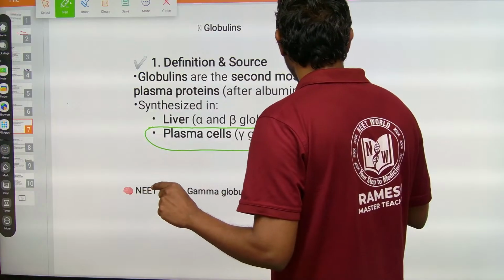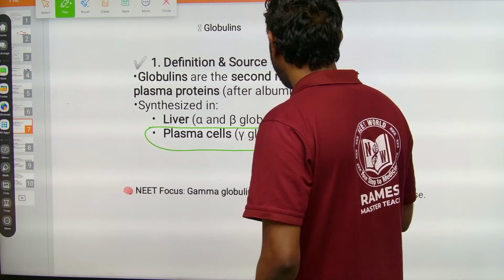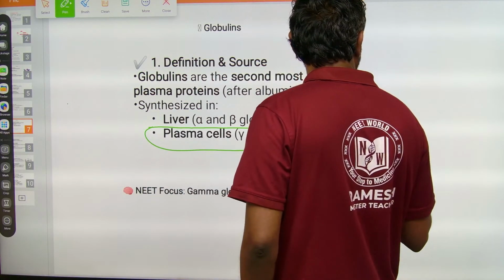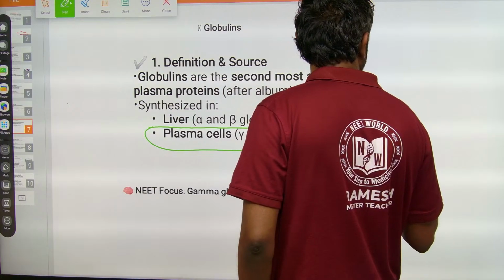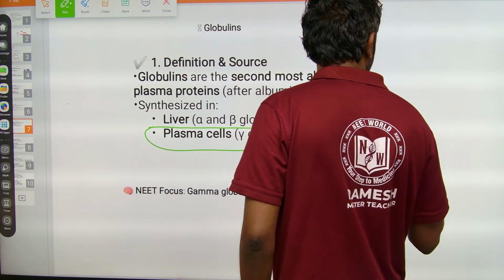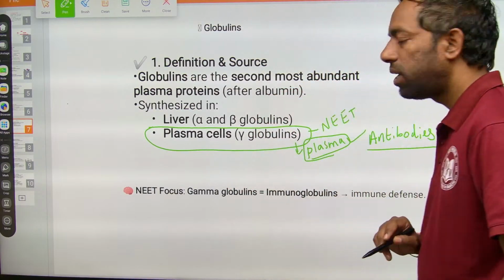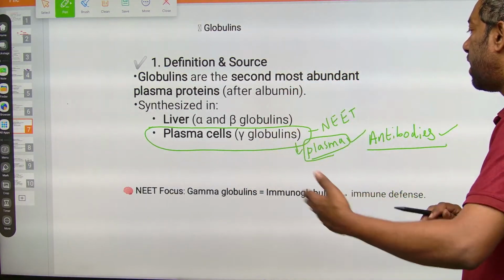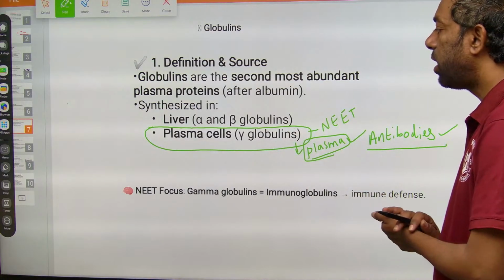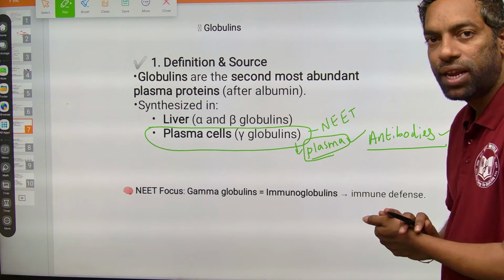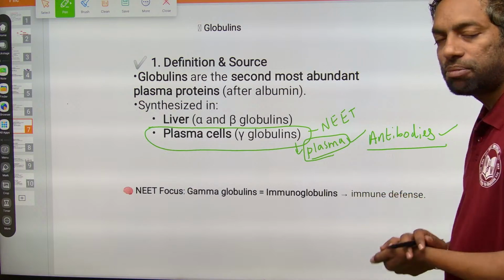Yeah, plasma cells. Why are they antibodies? Antibodies are involved in the defense mechanism. The alpha, beta and gamma globulins can be synthesized in the plasma itself.